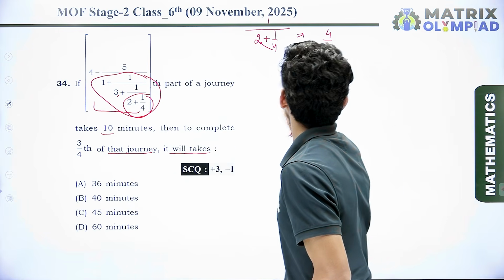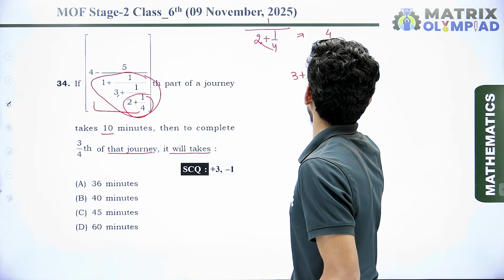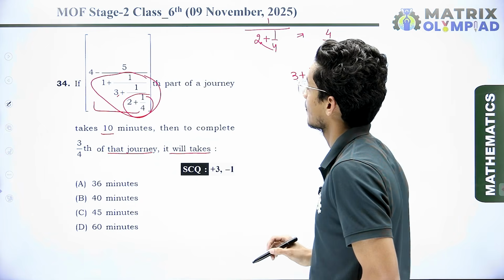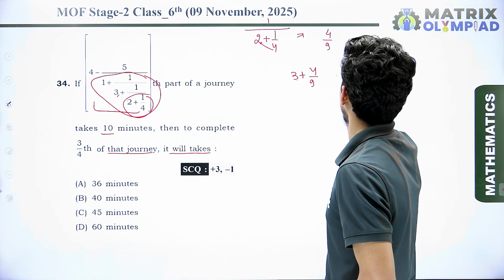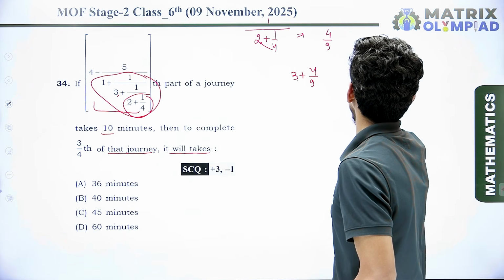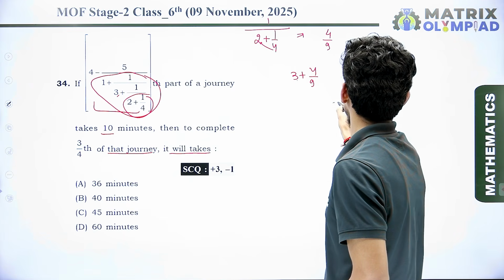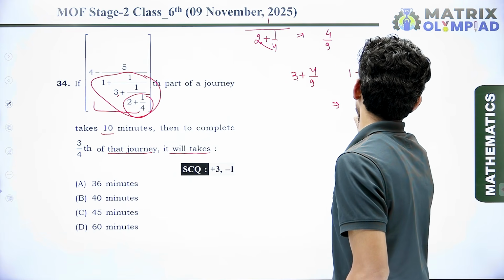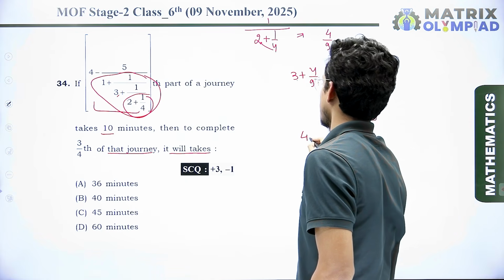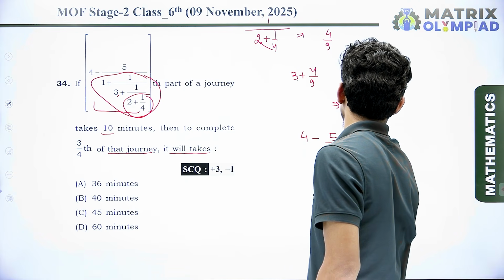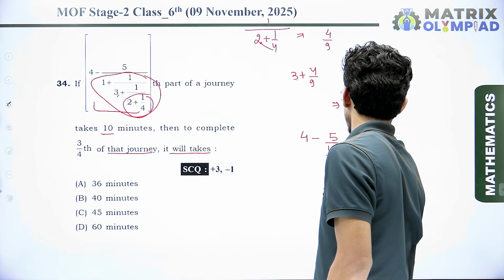Then we take 3. So I can write here 3 plus 4 upon 9. It means 9 3 27, 27 plus 4 31. So I can write here 1 plus 9 upon 31. When we simplify again, I can write here 40 upon 31. Now we have 4 minus 5 upon 40 upon 31.